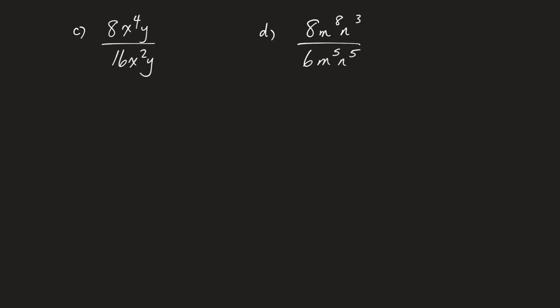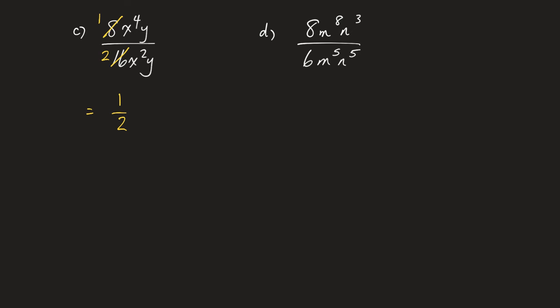So rather than calculating your 8 divided by 16, let's simplify. Between your coefficients, do you have a common factor? Yes. The largest common factor that we can divide out is an 8. So I'm going to divide it out of the top, divide it out of the bottom. And that gets me a 1/2 as my coefficient. Okay.